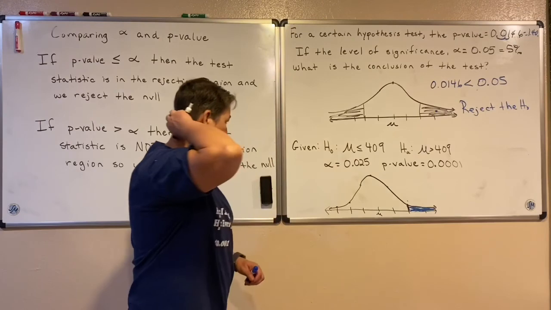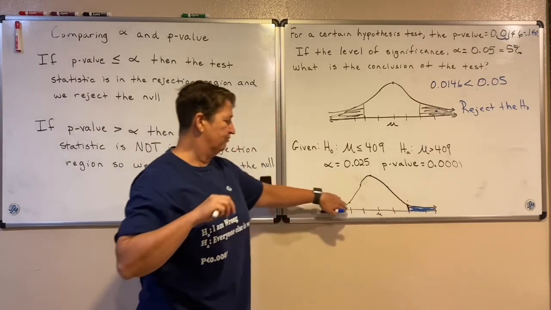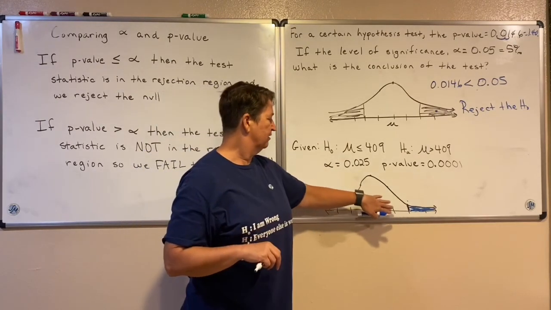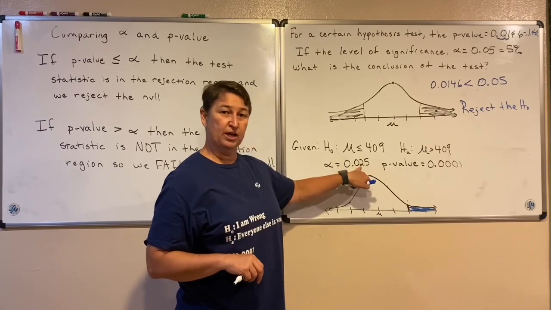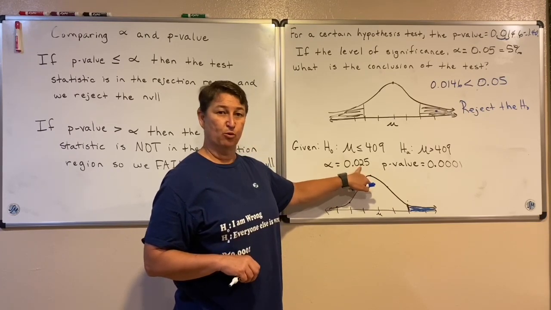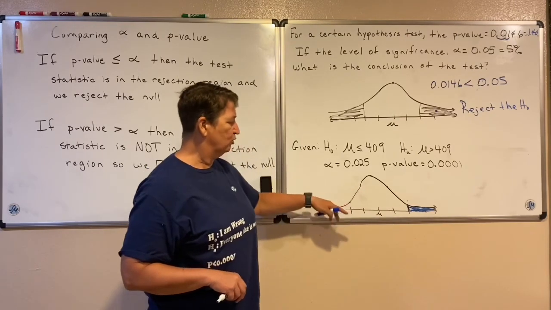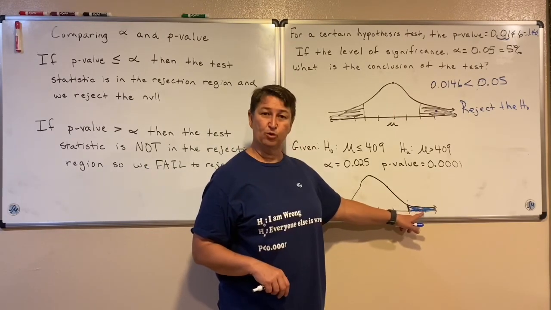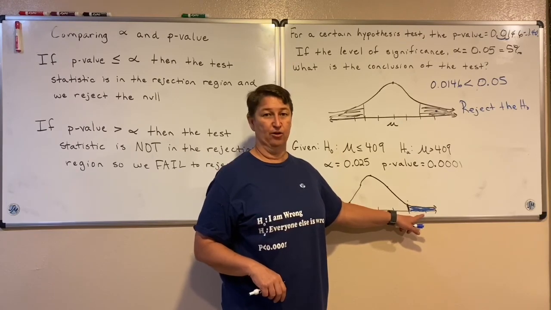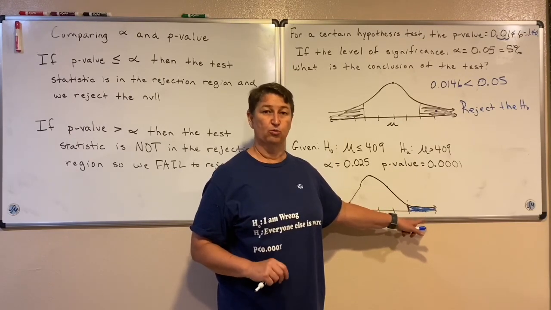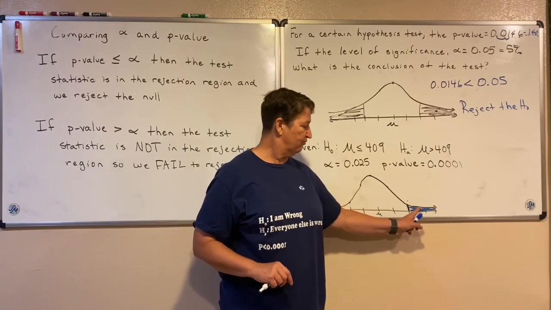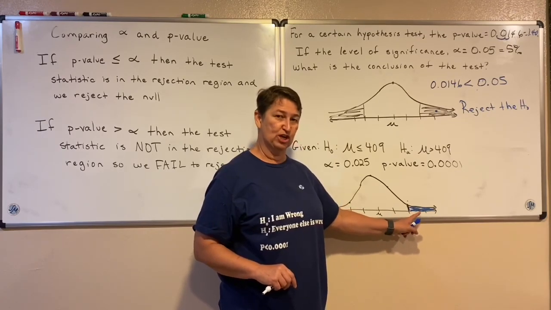So I'm looking at a confidence level of, I'll take 1 minus 0.025, and you've got 97.5% of the time I'm going to get something here. Only 2.5% of the time would my test statistic fall out there. That would be unusual. It wouldn't happen that often. So if it falls in the rejection region, I'm going to reject the null.